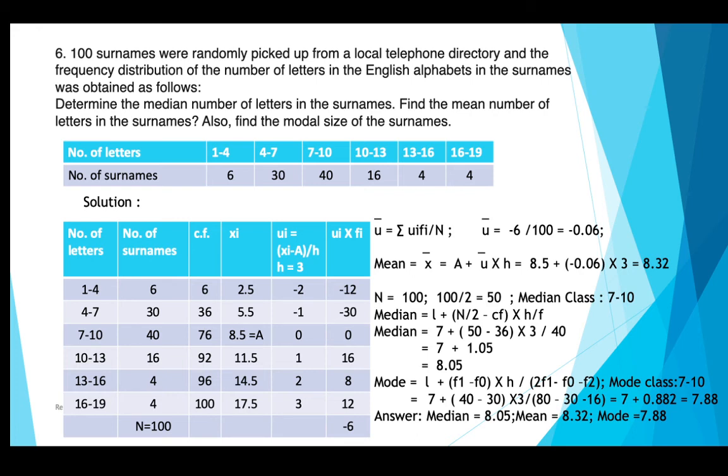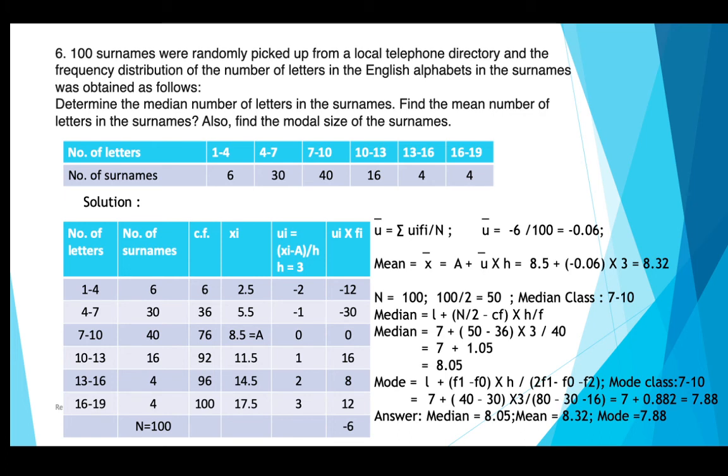The mean calculation you know very well. Calculate u bar, from the sum of ui fi. Then calculate x bar: a plus u bar into h, into the class width, it is 8.5. Then calculate the median.